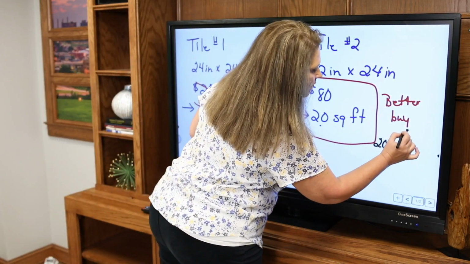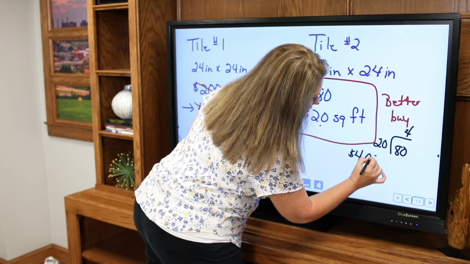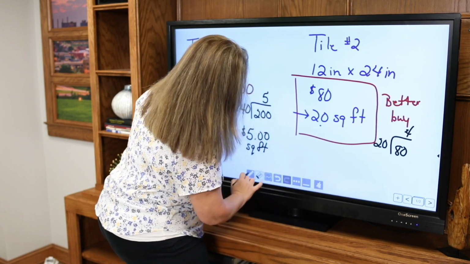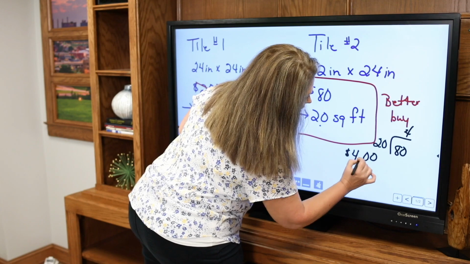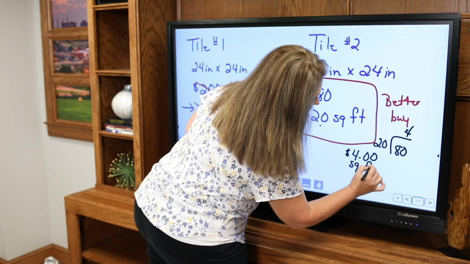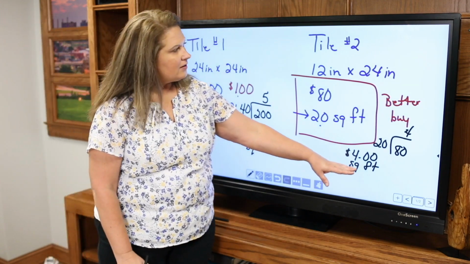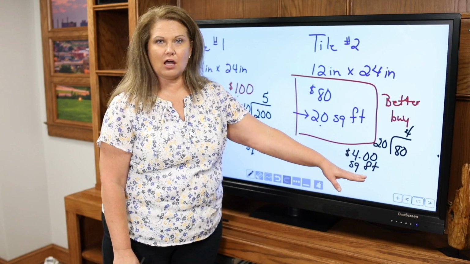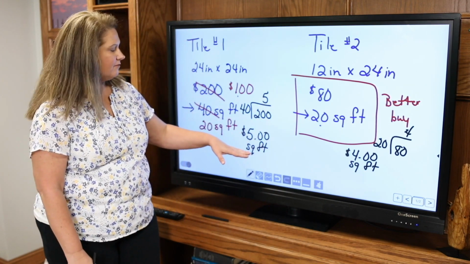That's going to be 4. So my cost per unit is going to be $4 per square foot. So this again verifies that tile number 2 is going to be the better value at $4, because $4 is $1 less than 5.